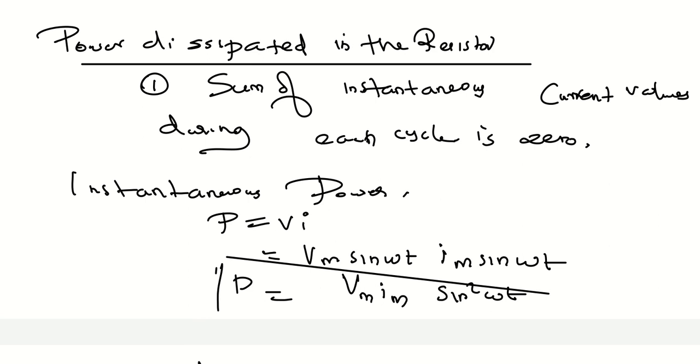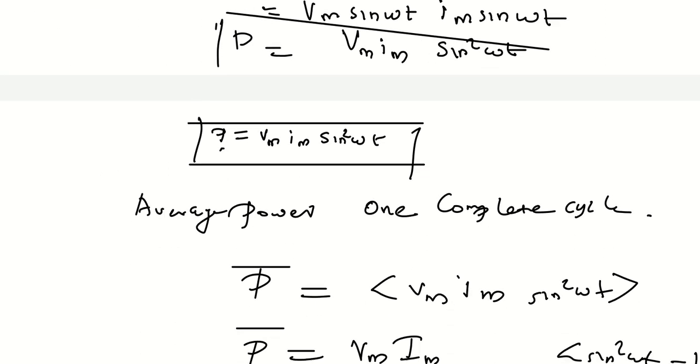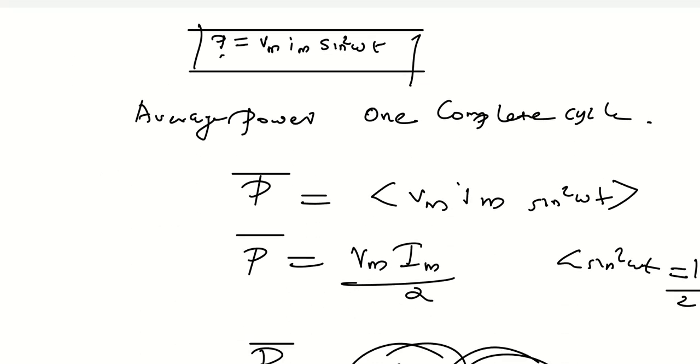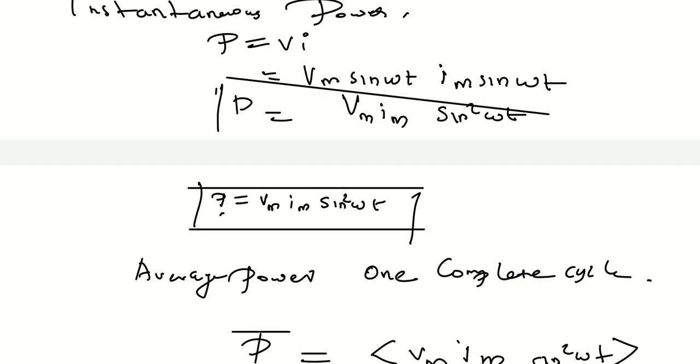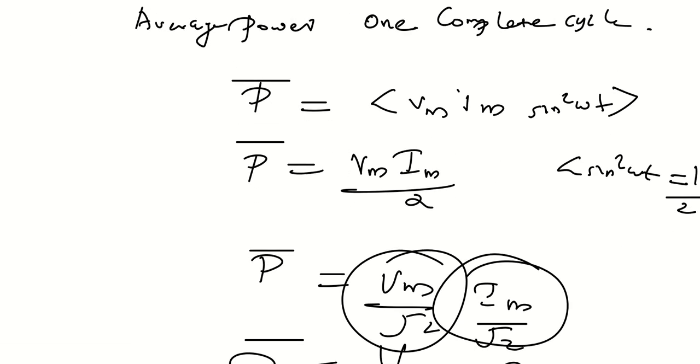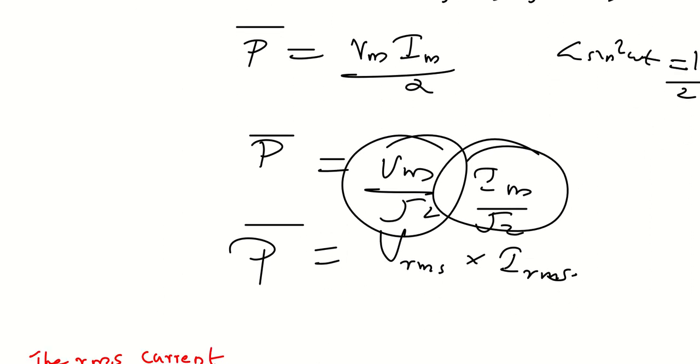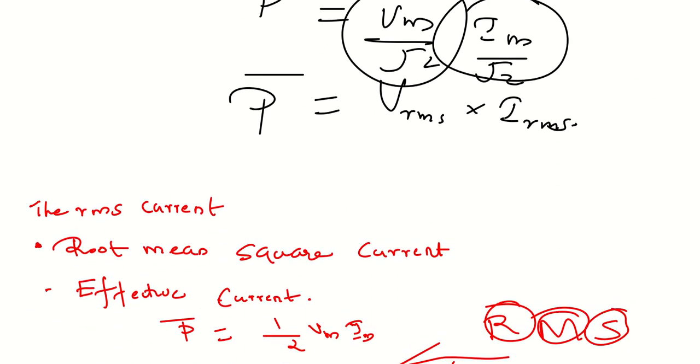The average current in each cycle is 0, but that does not mean the average power is 0. The average power is Vm Im times the average of sin square omega t, which is half. That can be represented as the average power is equal to Vm by root 2 into Im by root 2, that's equal to Vrms into Irms.